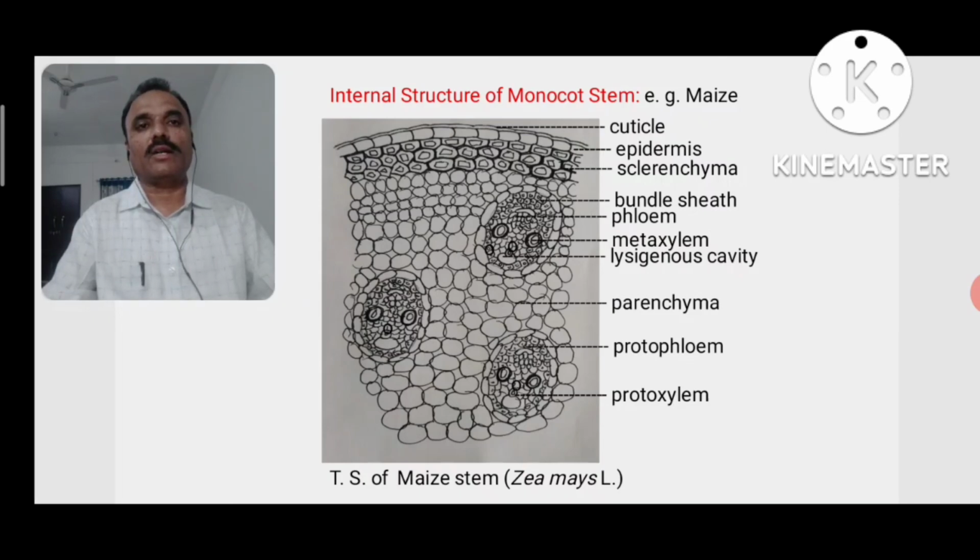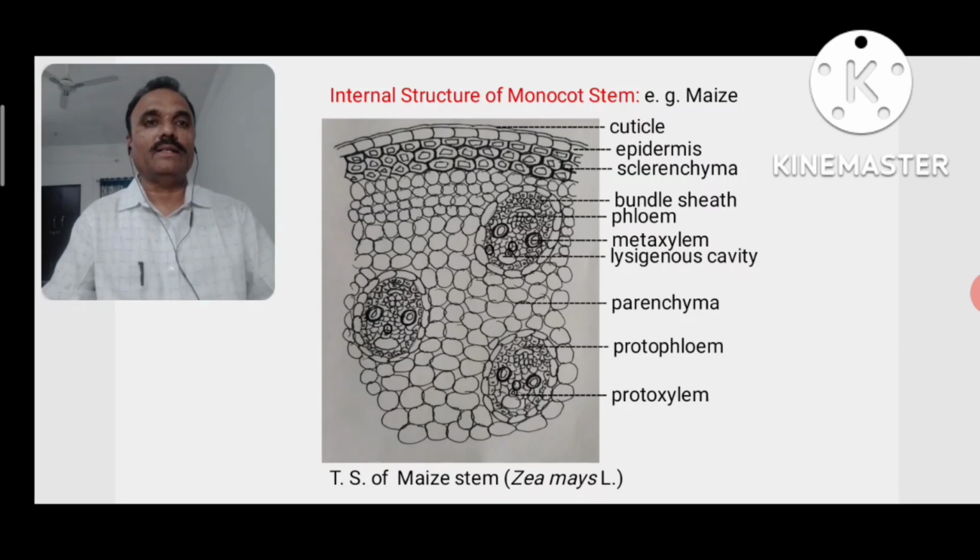Vascular bundles are numerous, oval, conjoint, collateral, and closed, scattered in the ground tissue. Phloem is convex towards the xylem and is formed of sieve tubes and companion cells only.